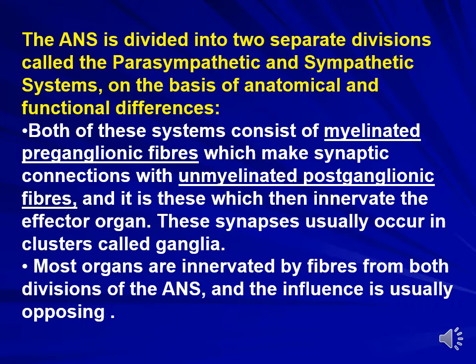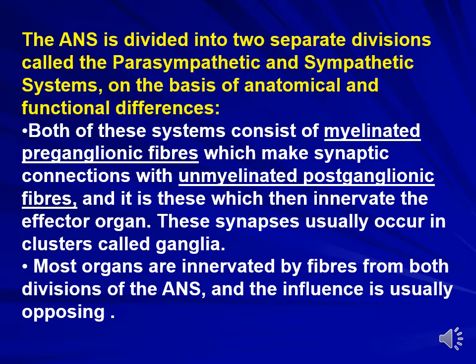The autonomic nervous system is divided into two separate divisions, sympathetic and parasympathetic. And this classification or division is based upon anatomical as well as functional factors.